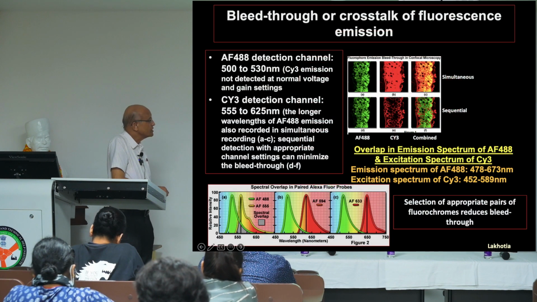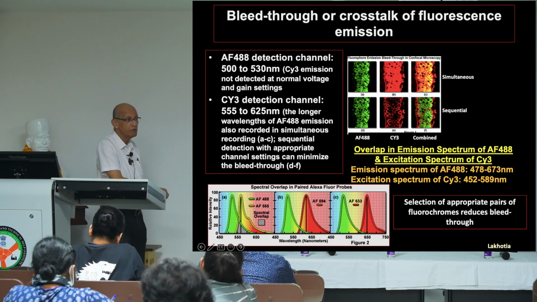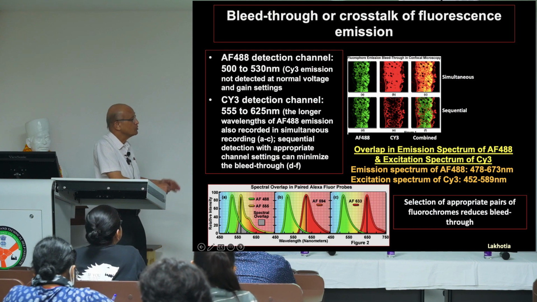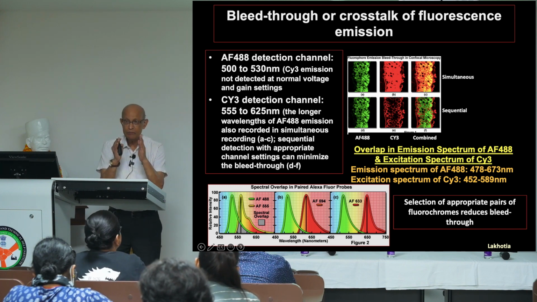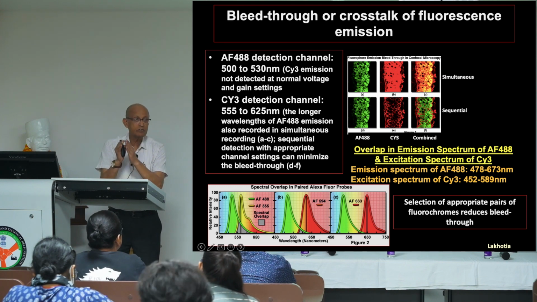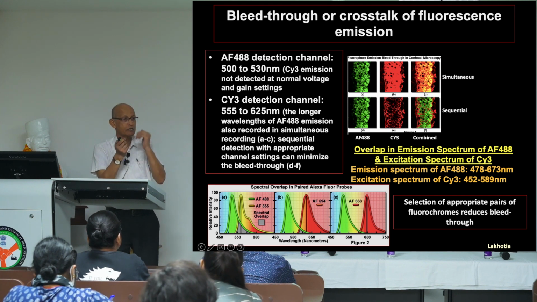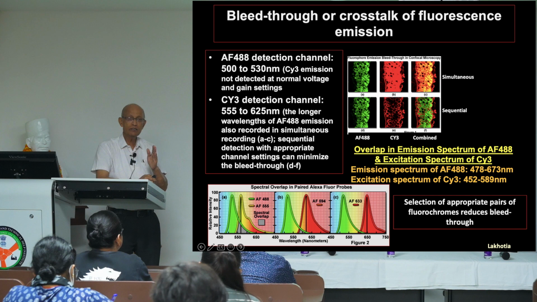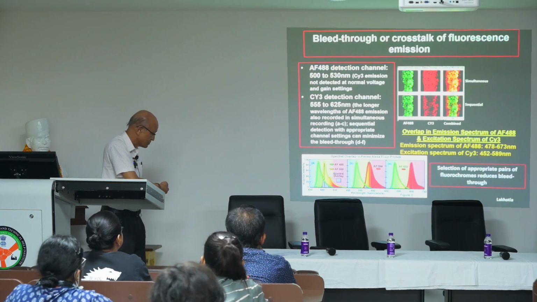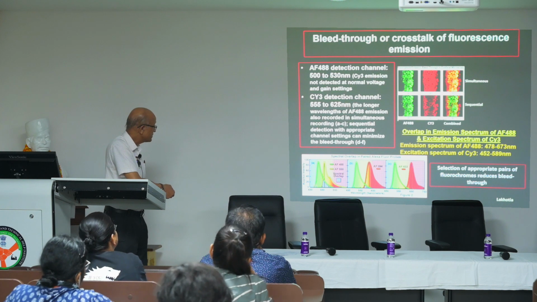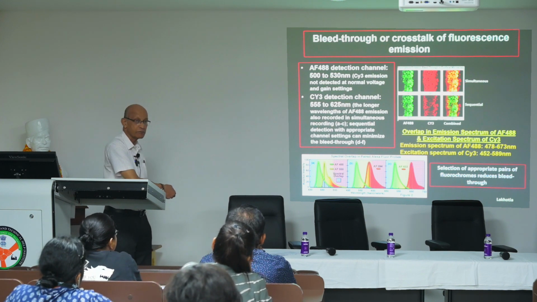Now, one of the points that we must be careful about in the property of fluorescence is bleeding through. Each fluorochrome has a spectrum in which it can get excited and a spectrum in which it will give its wavelength, the fluorescent wavelength, to allow it to pass through. There is a peak excitation. For example, what we can see here in this drawing on the lower part, a particular fluorochrome has this emission spectrum.